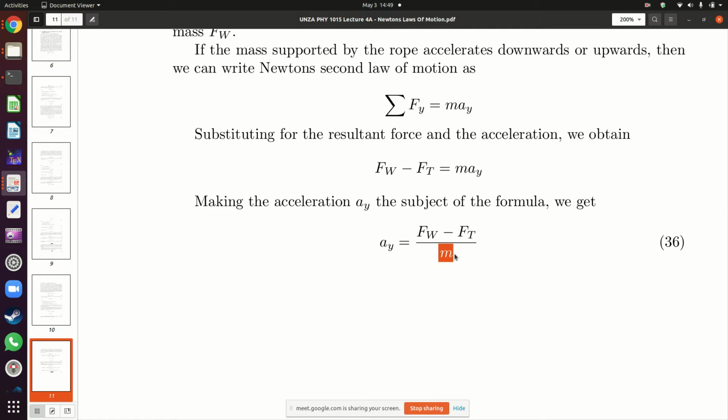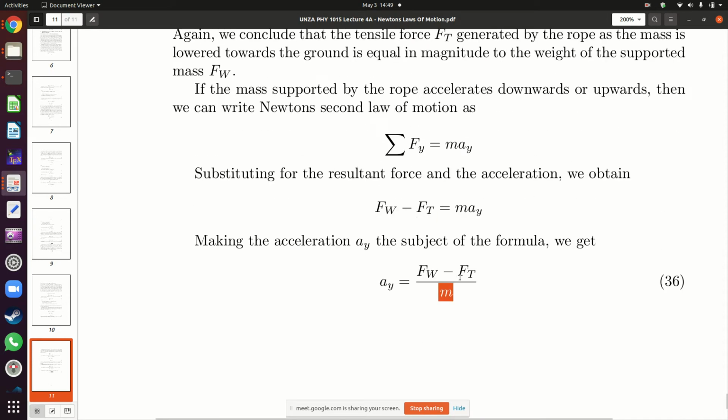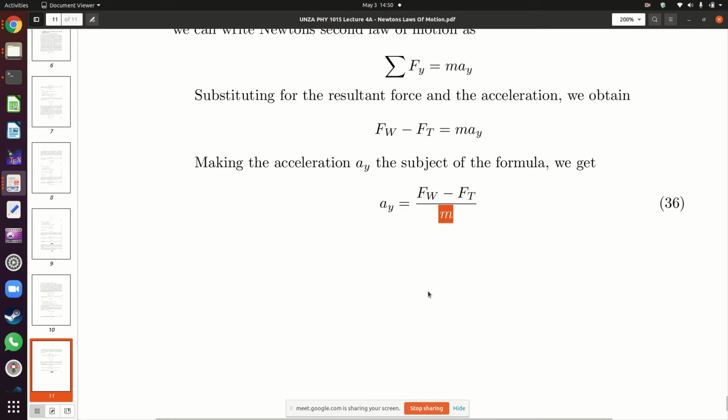This is going to give you the acceleration. Are we clear? So this gives you the acceleration with which that particular mass is being lowered down very, very fast.